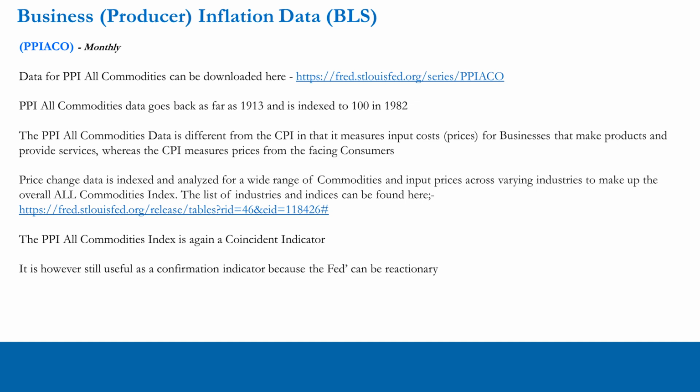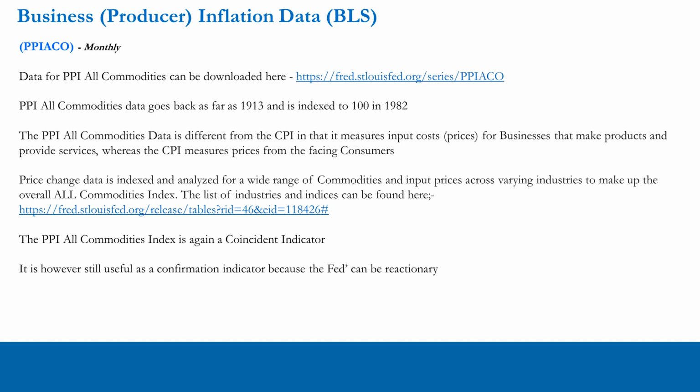Now, the PPI all commodities index is again a coincident indicator, but it is, of course, useful to us still as traders and PMs as a confirmation indicator, because again, the Fed can be reactionary instead of possibly being preventative.